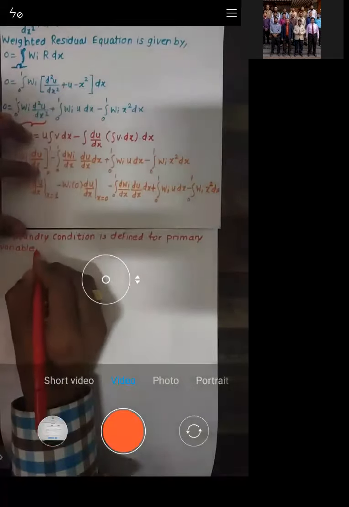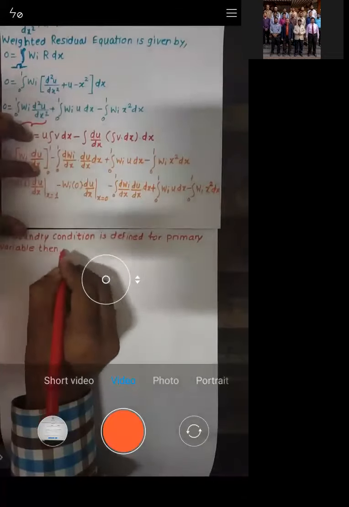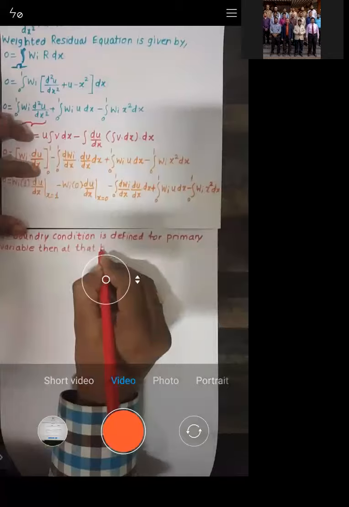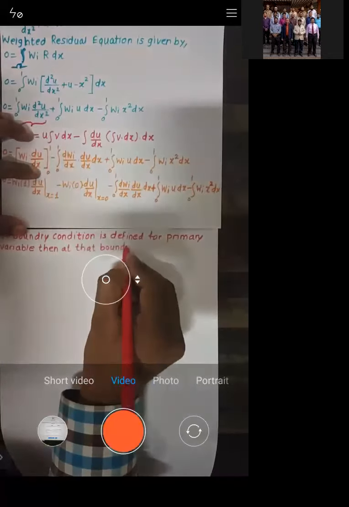Then at that boundary, the weight function is 0. Try to understand the meaning of the statement.